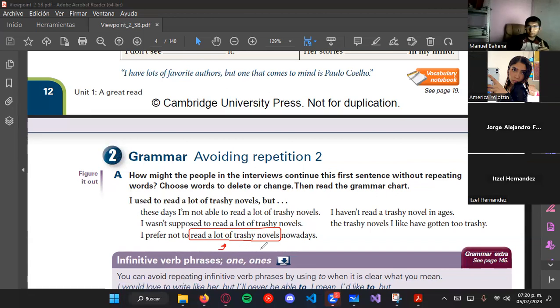That can work. But okay, yes, I'm going to give you that one. Sí, vamos a contar esa.